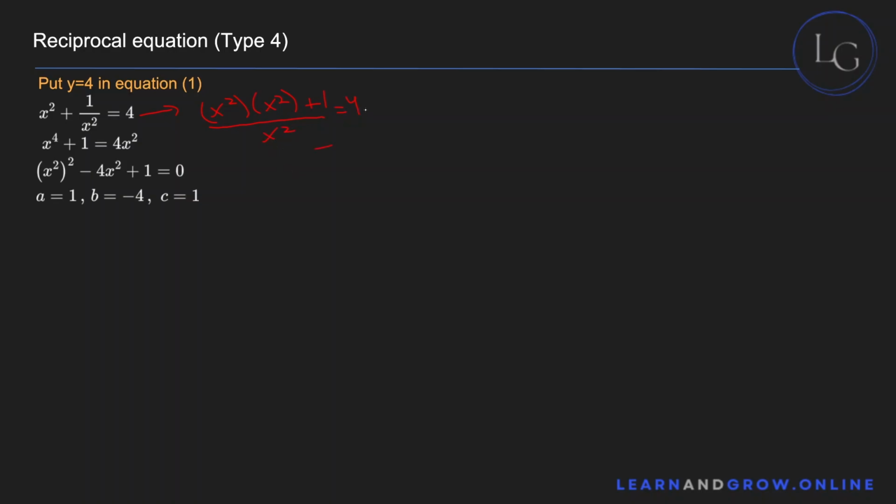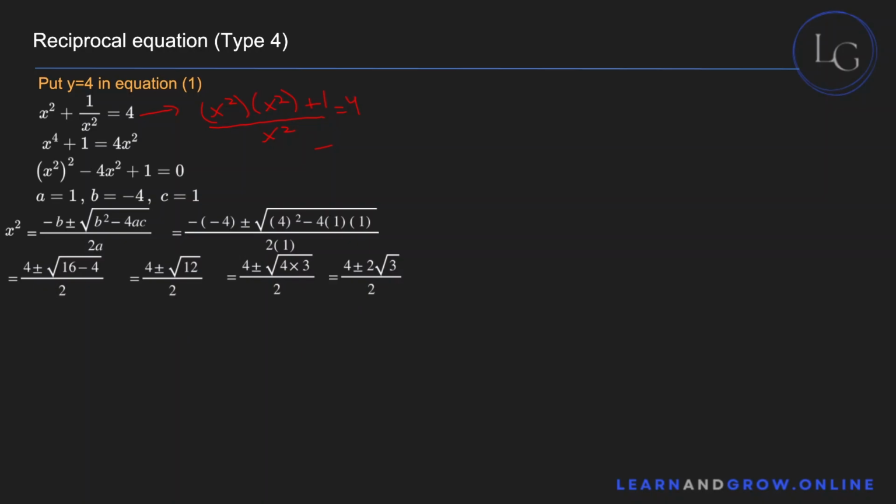And obviously x squared will be multiplied by 4 on the other side to get 4x squared. And now by using the quadratic formula, you'll just plug in the values of a, b, and c to get this. You'll get two values for x, where one is positive and one is negative.